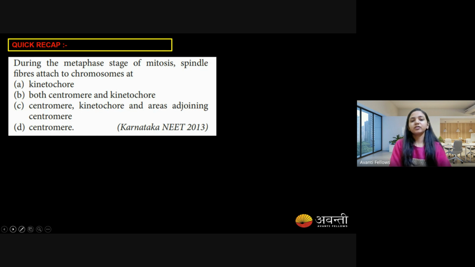During the metaphase stage of mitosis, spindle fiber attached to chromosome at... Very good. The correct answer is A. They get attached with kinetochore, not both.